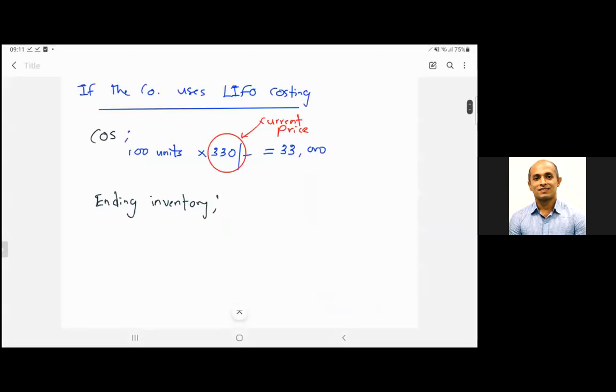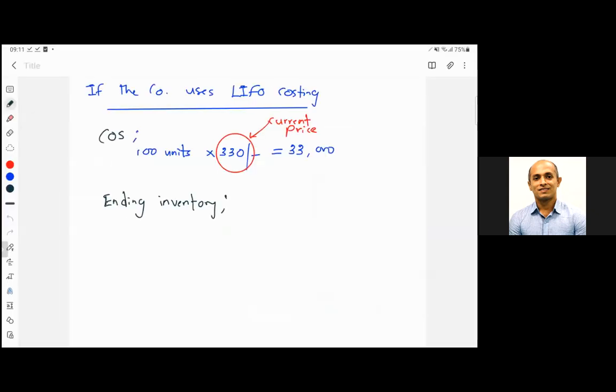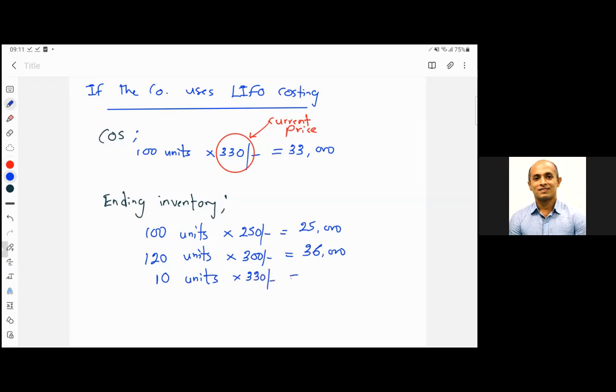Then the inventory value: 100 units at 250 is 25,000; 120 units at 300 is 36,000; and the balance 10 units at 330 is 3,300.